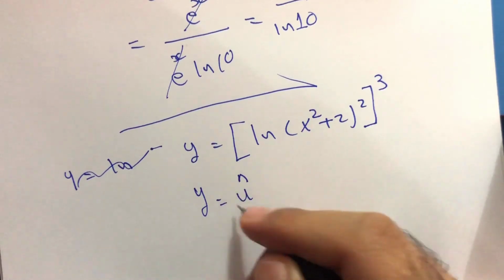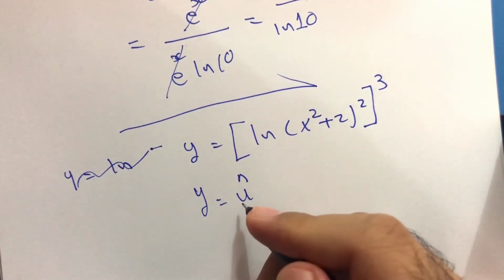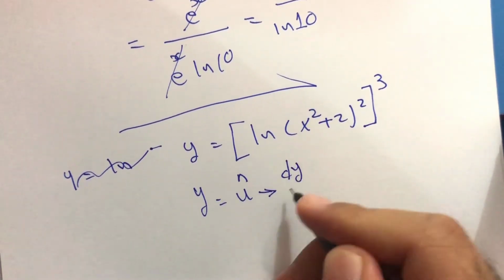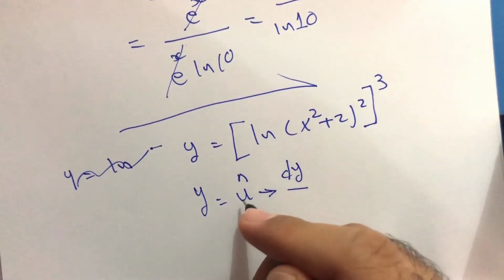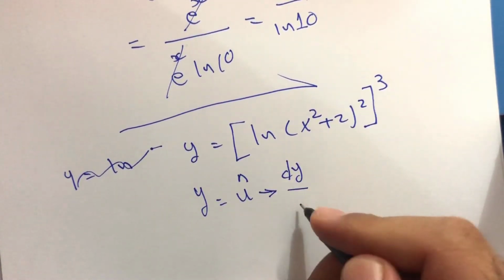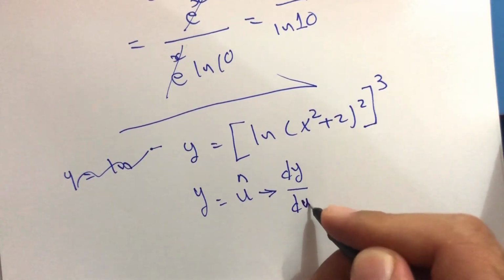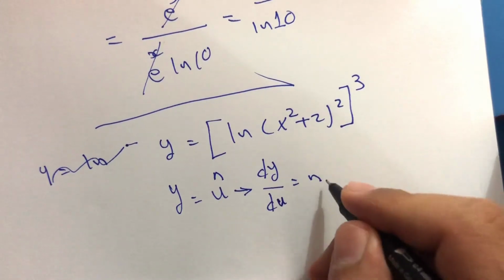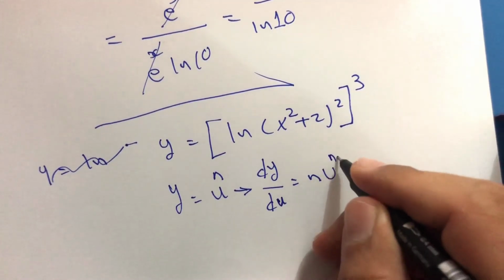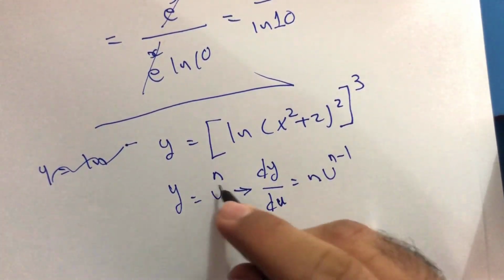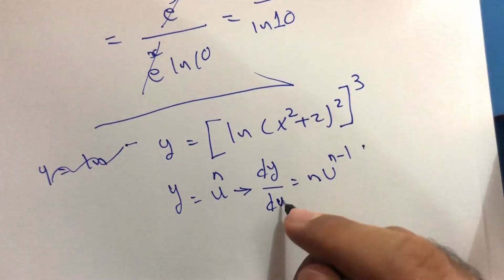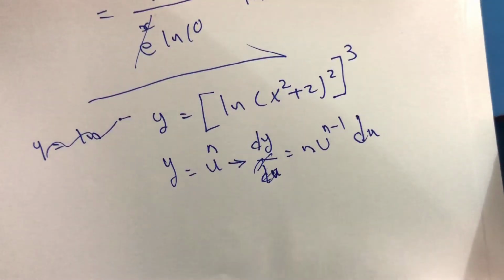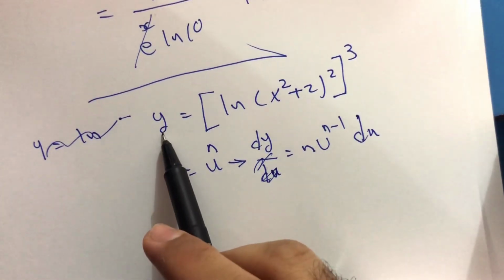If I want to find the derivative of a function to the power, I apply this rule: dy by du will be n multiplied by u to the power n minus 1 multiplied by the derivative of u, du. This rule can be applied here.